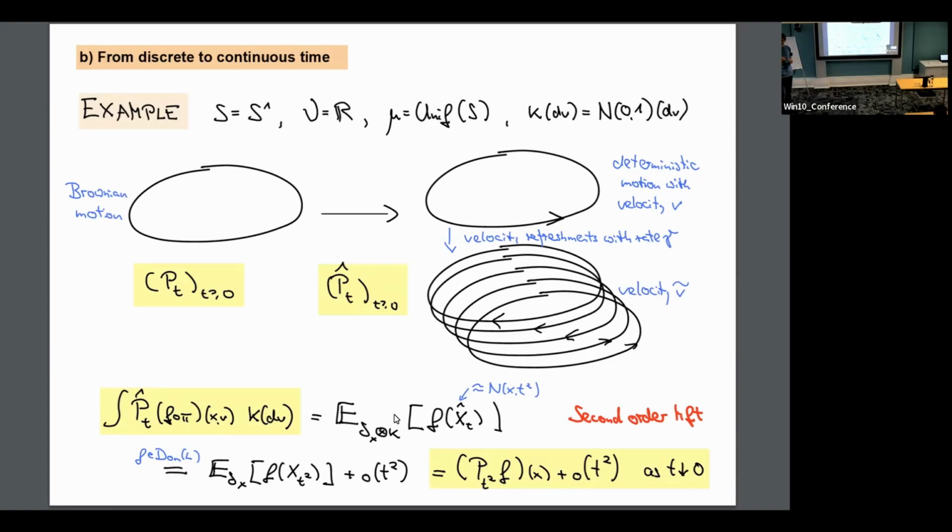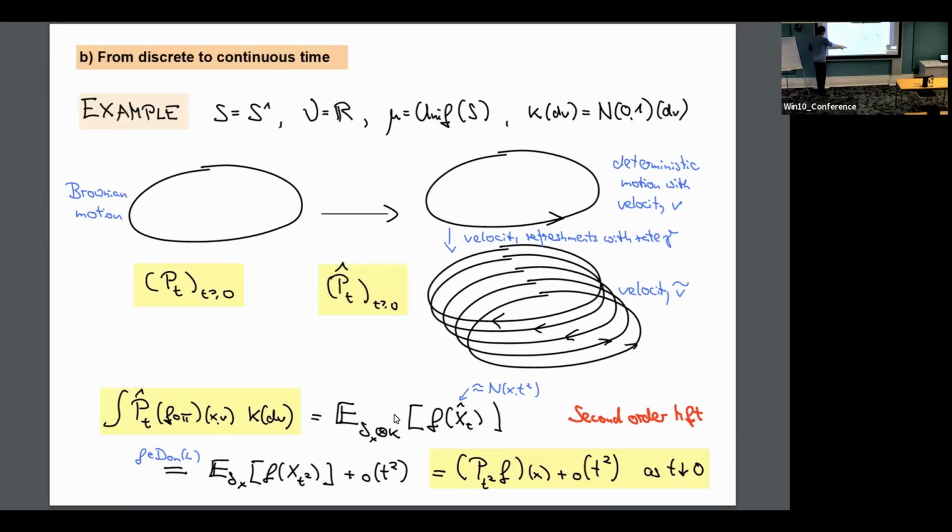Now, how does this relate to the Brownian motion? Well, this is the same as the distribution of Brownian motion at time t squared. So that's the same as the expectation of Brownian motion starting at x and then of f of X at time t squared. And of course, here we make some error, but this error turns out to be of order little o of t squared, so of higher order.